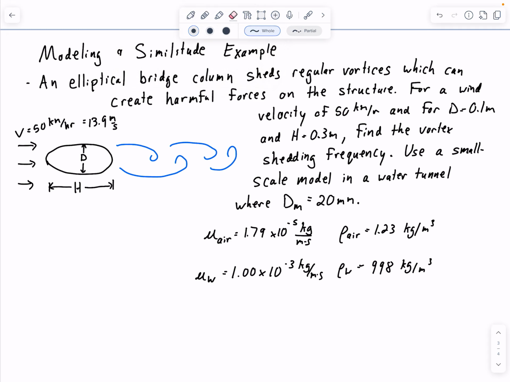And so we are asked, first off, to find H sub m and the velocity that we need for the model.